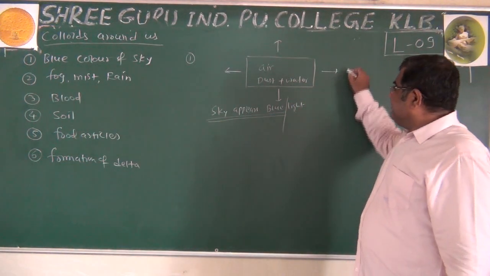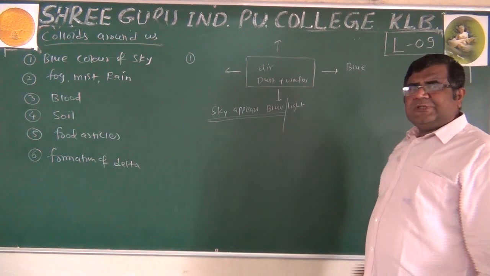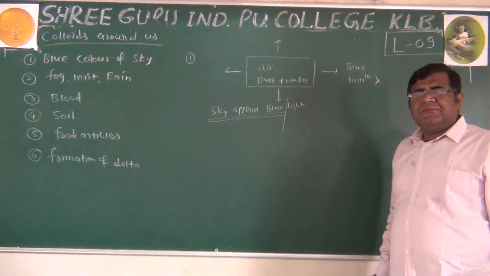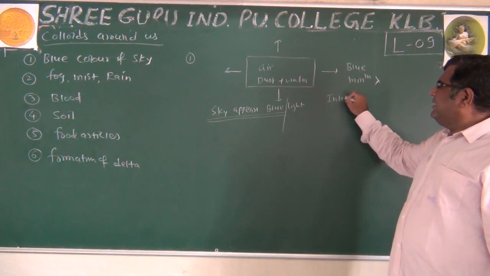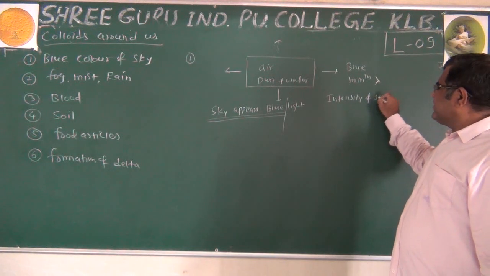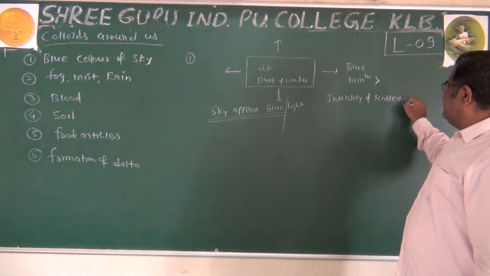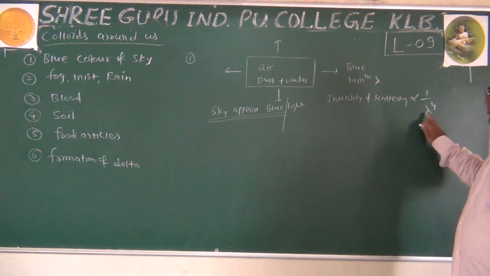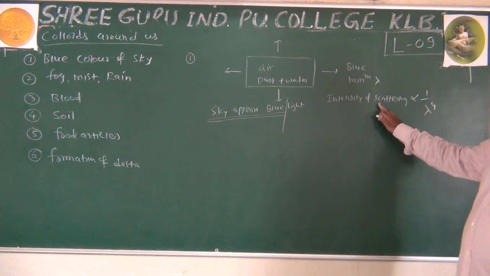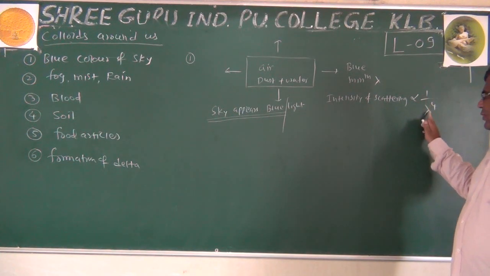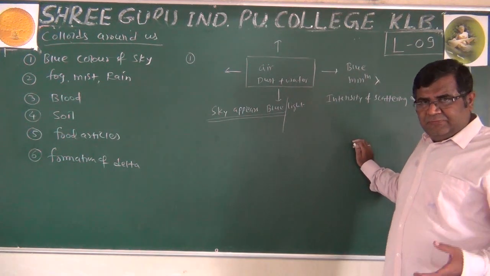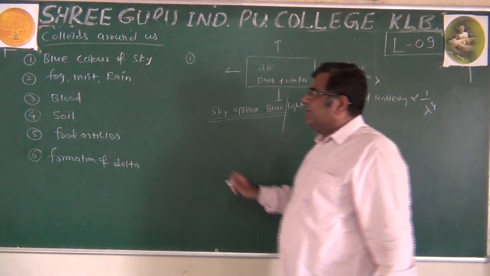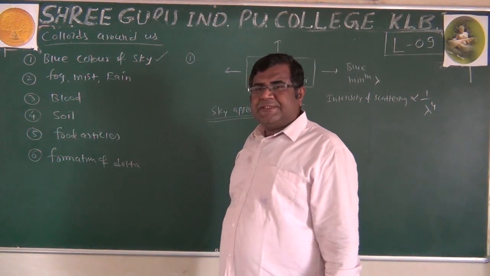Now why blue? Because blue color has minimum wavelength and intensity of scattering is inversely proportional to wavelength raised to 4. Smaller wavelength, more scattering. Blue has smaller wavelength, so it scatters more. The color scattered is of greater magnitude. That's why the color of the sky appears blue.